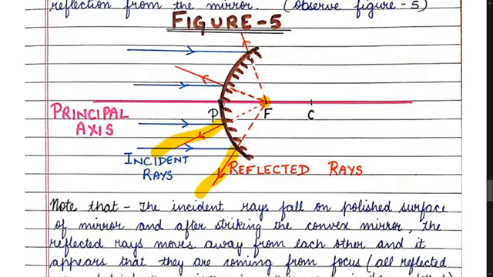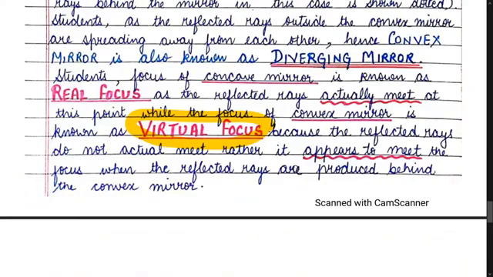The rays are spreading away, but it seems that the rays are coming from point F. Thus, the focus of a convex mirror is known as virtual focus because the reflected rays do not actually meet, rather they appear to meet at the focus when the reflected rays are produced behind the convex mirror.